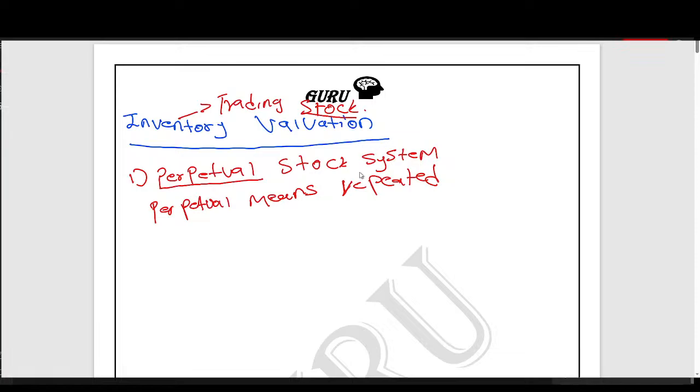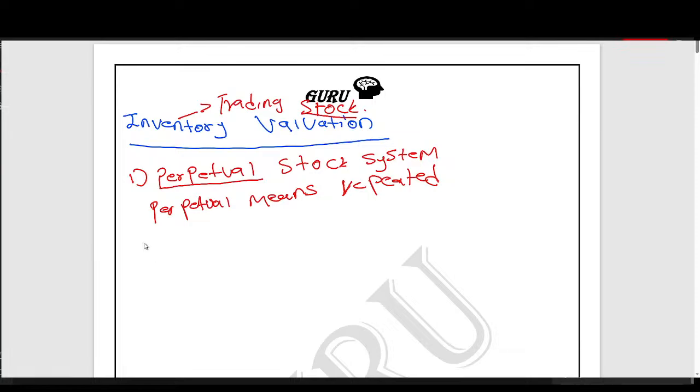If you want to ask which system a spaza shop uses, they cannot afford to use the perpetual, because the perpetual needs a business to have a computerized till and scanner, so that when the item goes out, it can be scanned, and when items are coming in, they can also be scanned. All right, that is all about the perpetual stock system. That's all I can say about it.